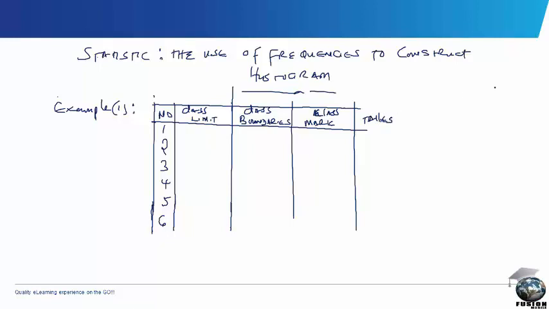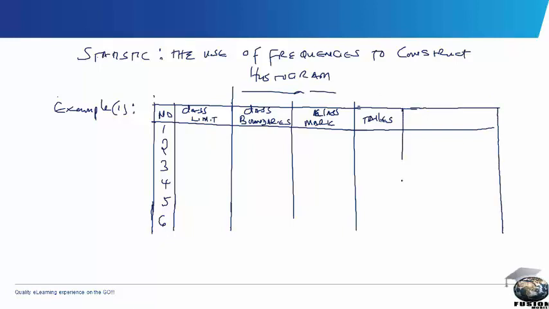Now we've done this in your statistics 1 before. We've talked about the tallies. Then after the tallies I have the frequencies. My table ends here, I assume. And then the last column is a column of frequencies. These are the steps you consider when you want to construct your histograms.